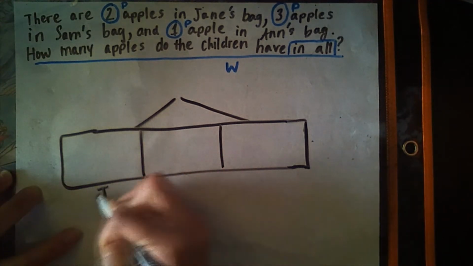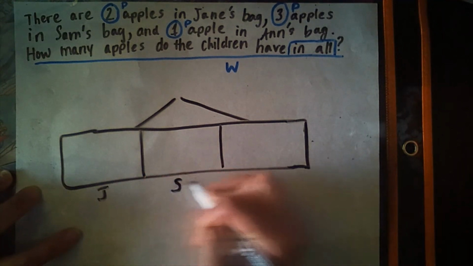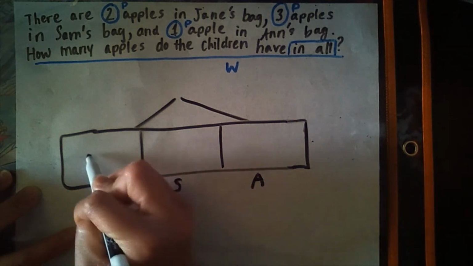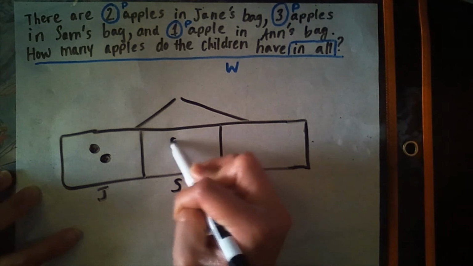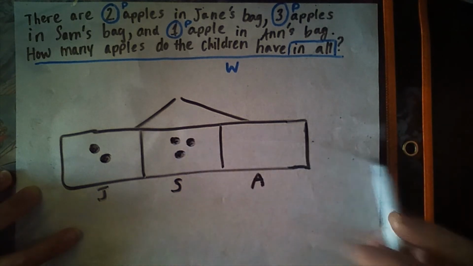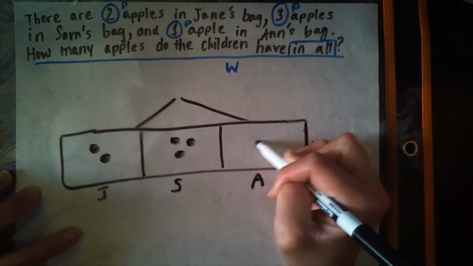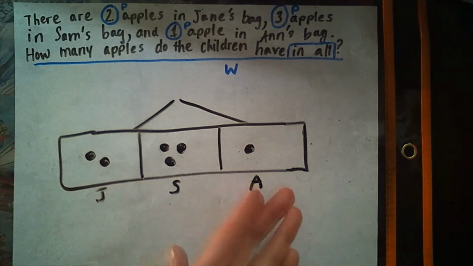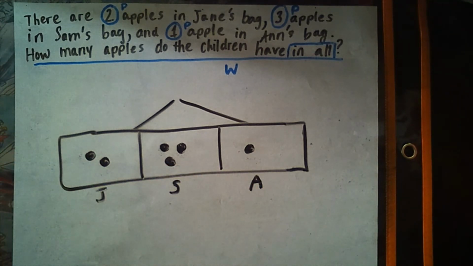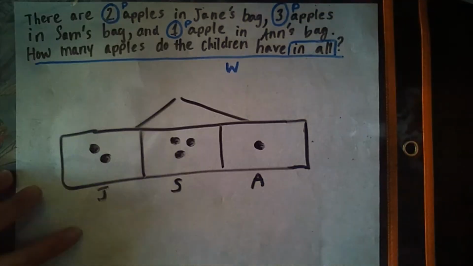Remember, we have Jane's bag, and then we have Sam's bag and Anne's bag. Jane had 2, and then Sam had 3, and Anne had 1. We know the parts, so we add them. 2 plus 3 is 5, plus 1 is 6. That gives us the whole, which is 6.